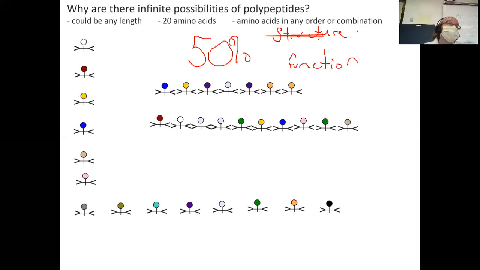So for structure, they make up the framework of a lot of the connective tissues. There's a ton of proteins, for example, running through a bone. It's not just the calcium salts. And also for function, they make up our enzymes that do all these chemical reactions, and they act as like transporter proteins on our cell membranes as well, or they can act as biosignaling molecules, biochemical signaling molecules as well.